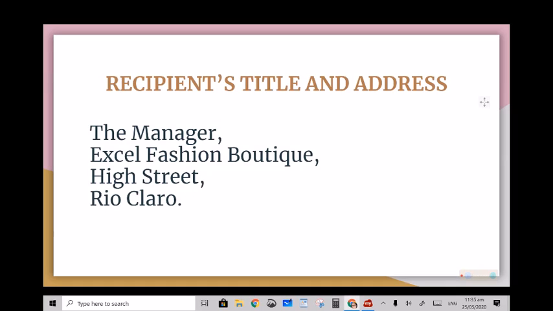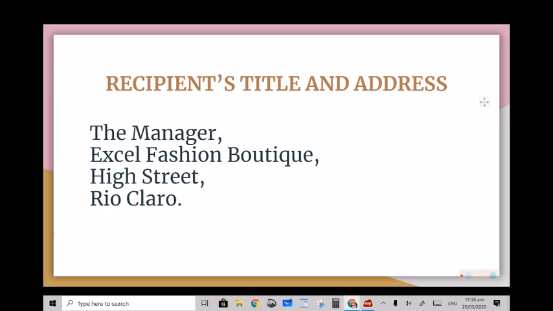Then you move on to the recipient's title and address. The recipient will be the person who would be receiving the letter. In this case, we have the manager, which is the title of the recipient. A lot of students again leave out this part. It is important that you include this part, the manager. If the recipient has another title, you make sure to include the title.